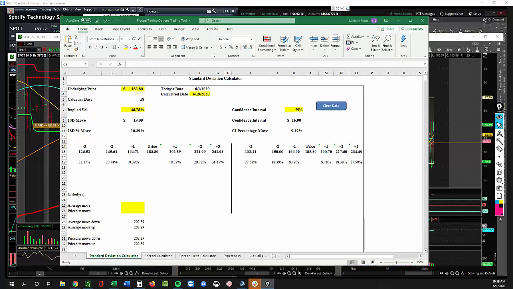So we can look at a 205, 210 call spread. Man, that seems really cheap.